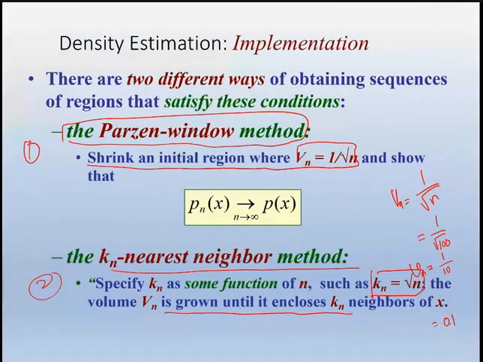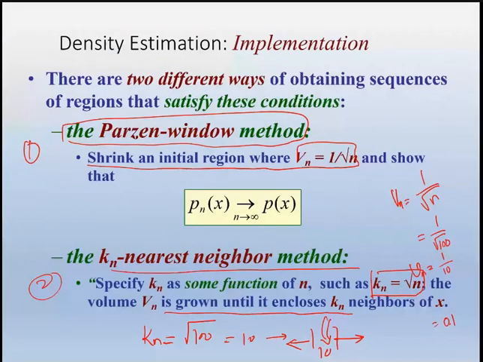Say there are 100 samples, then we are in search of root 100, that is 10 samples. So we will increase this window till 10 samples are falling into it.